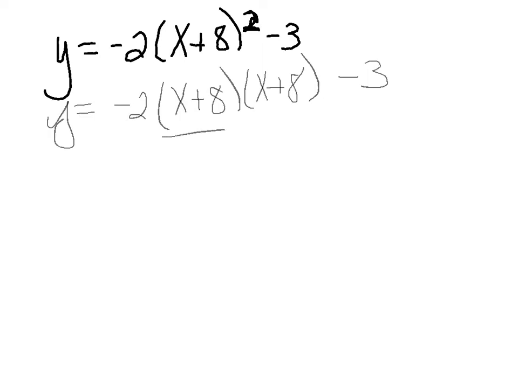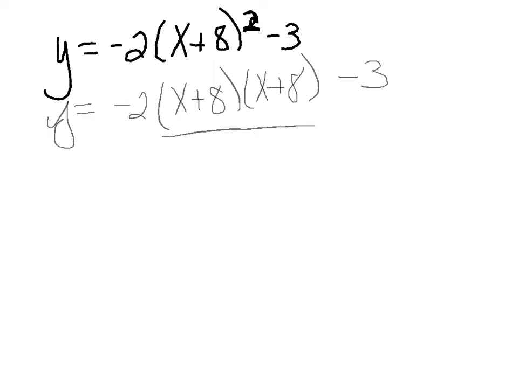Okay, and so you would have to multiply these two terms out using the FOIL method. Be really careful, make sure that gets in your head. It's not just x squared plus 64. You'll have a middle term there.